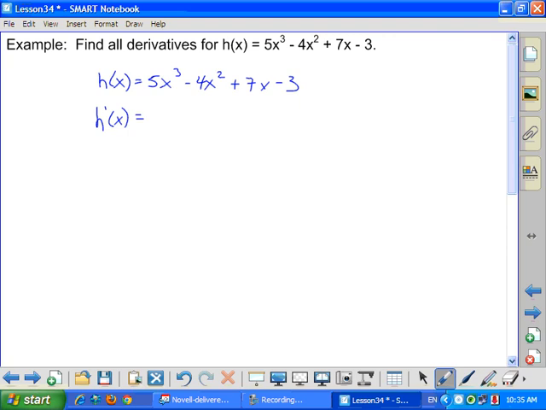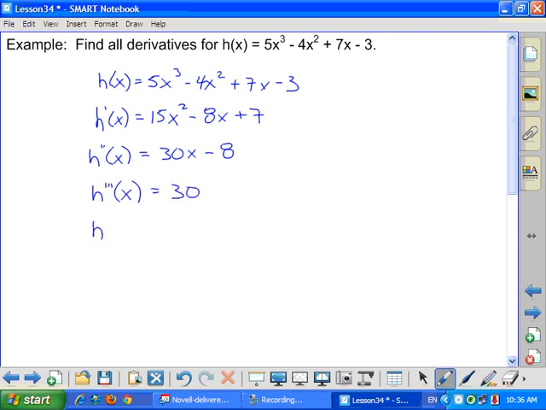First derivative is 15x squared minus 8x plus 7. Second derivative is 30x minus 8. Third derivative is 30. And my fourth derivative is 0. So there are all of your derivatives for this function.